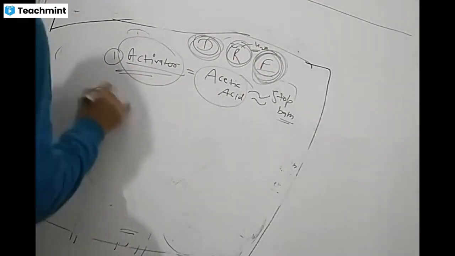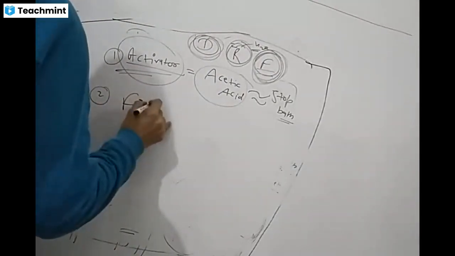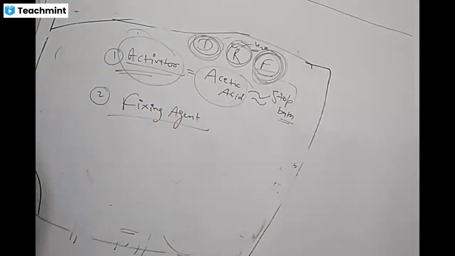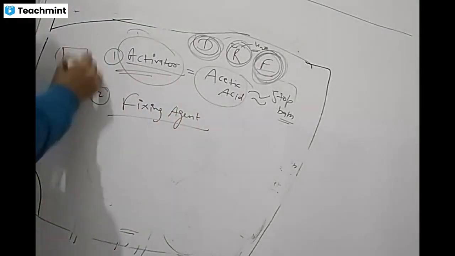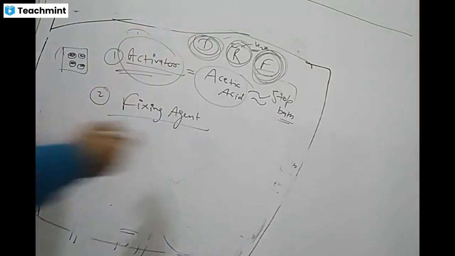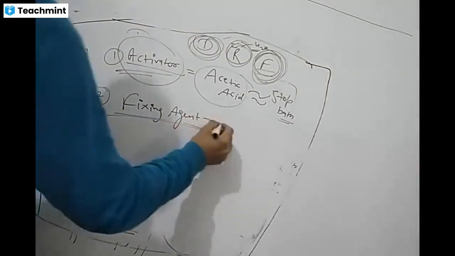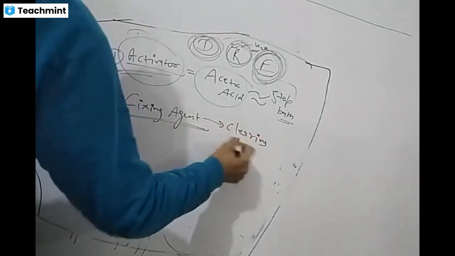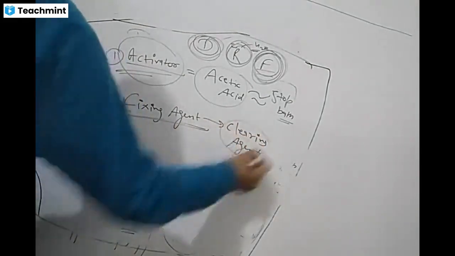After the activator, the main one is the fixing agent. In the developer, those crystals which were exposed have been reduced. This fixing agent is also called the clearing agent.